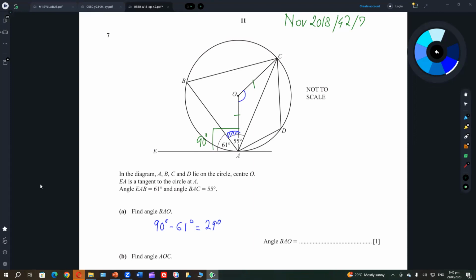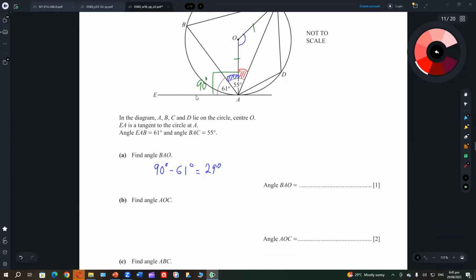This angle. Can you first help me to find this red angle? The total angle at the bottom is 55 and the blue angle is 29. So, no, it should be 6.